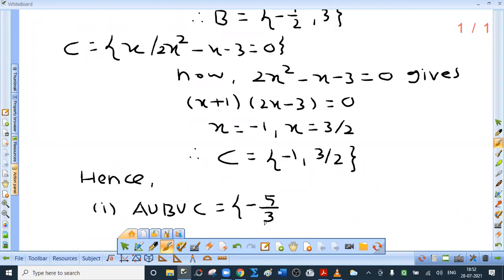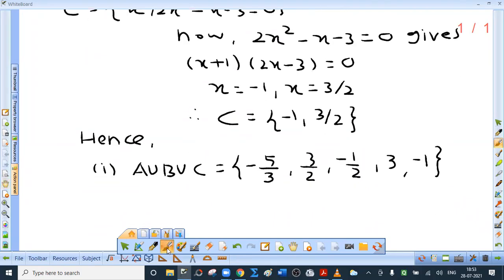But I am writing directly minus 5 by 3, then 3 by 2, then minus half, 3, minus 1. See, one element is to be written once only. I hope this is clear to you. 3 by 2 occurs twice. 3 by 2 is present in set A and set C also. But it is to be written once.